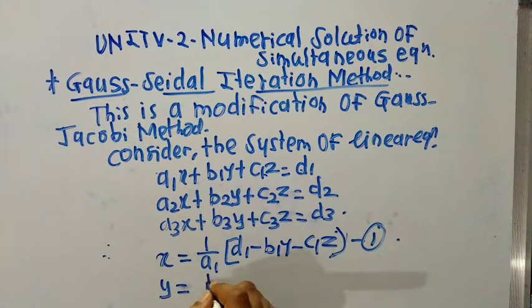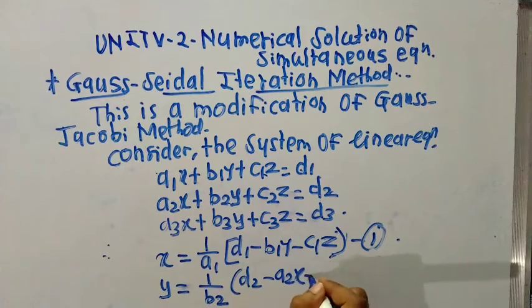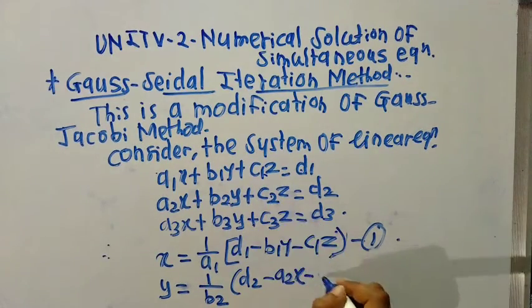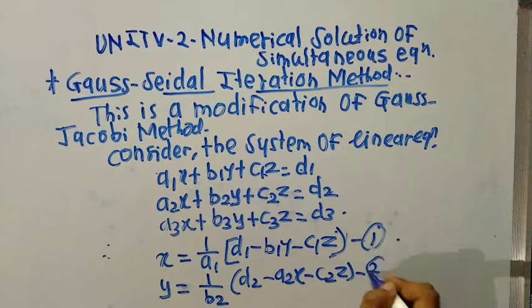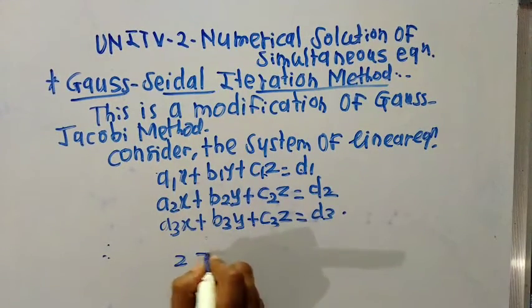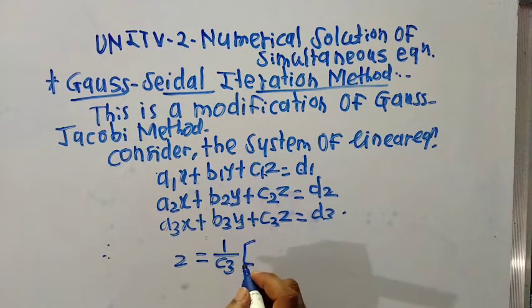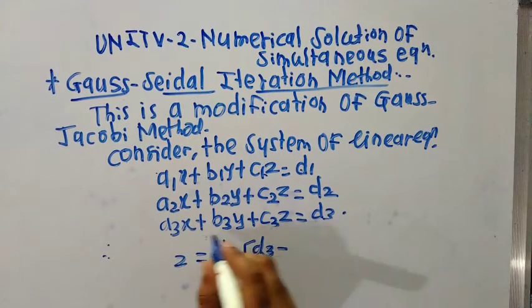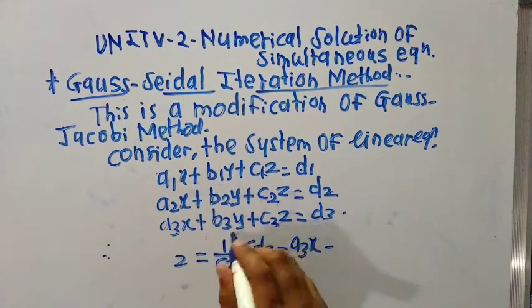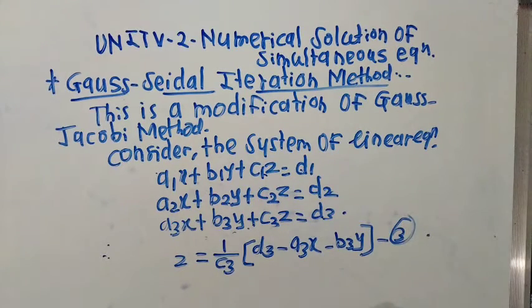Then y is equal to 1 divided by b2 into d2 minus a2x minus c2z. And the third equation, z is equal to 1 divided by c3 into d3 minus a3x minus b3y. This is the third equation.